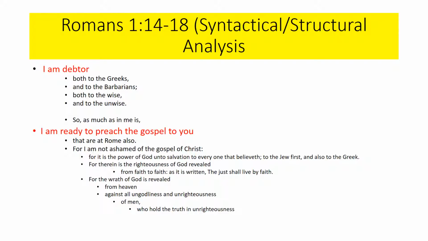But then below that independent clause is another dependent clause that has a subject and verb. Paul says, I'm ready to preach to you, to who? An adjective clause modifying who? Those that are in Rome also. So see, that's an adjective clause modifying you. So we subordinated and indented in a margin.